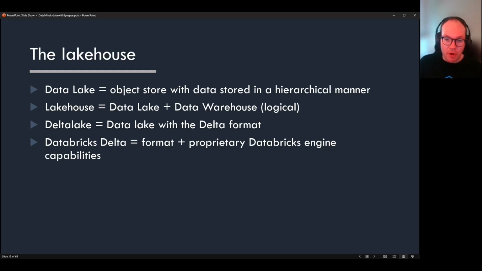So, okay, that is a very good question. What is the Delta format? The Delta format is an extension to the Parquet format that allows you to have some of the advantages that you get with a data warehouse, like for example, updates and inserts.